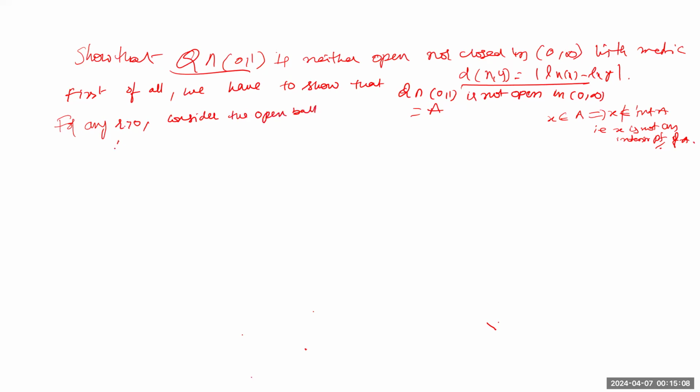What is the open ball? V with the center 1 by 2 and radius R. That is equal to the set of all Y belongs to capital X, where X is 0 comma infinity, such that the distance of 1 by 2 comma Y is less than R by definition.